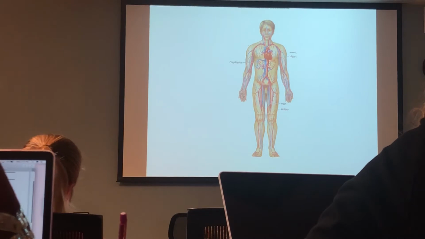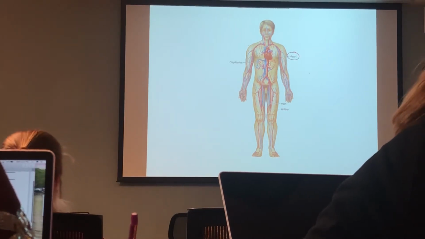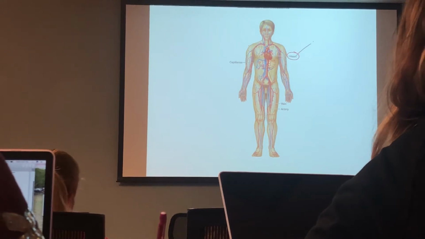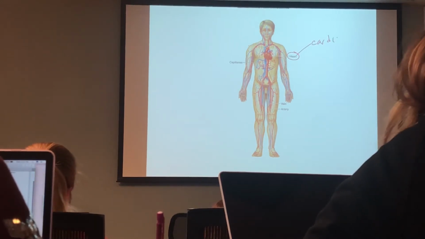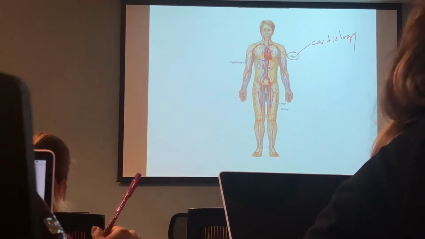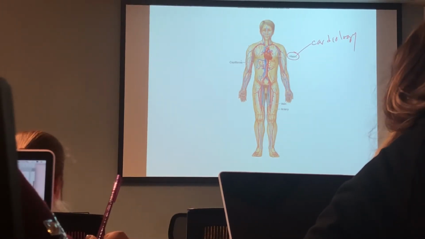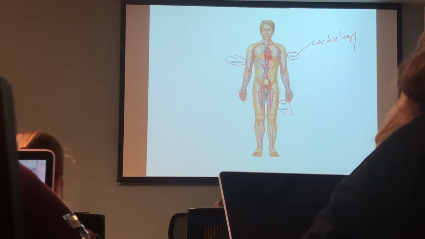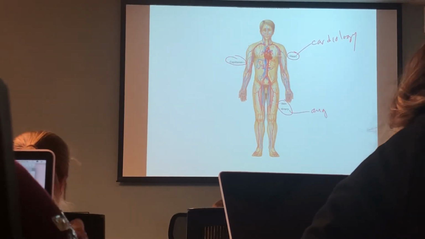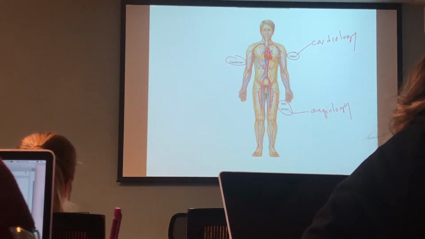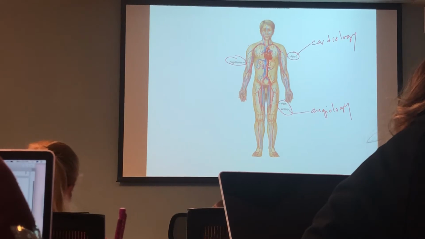If you're focusing on the structure and function of the heart, what do you call that study? Cardiology. If you're focusing on the structure and function of the blood vessels, what do you call that study? Angiology. You have the heart, veins, arteries, and capillaries.